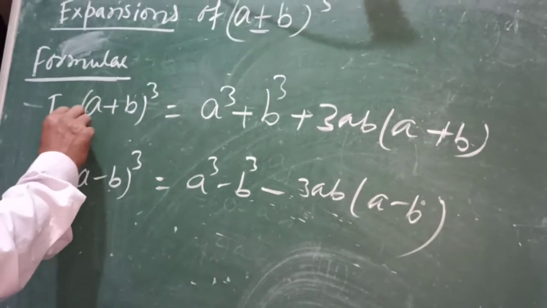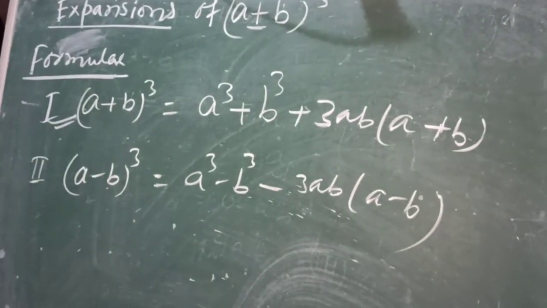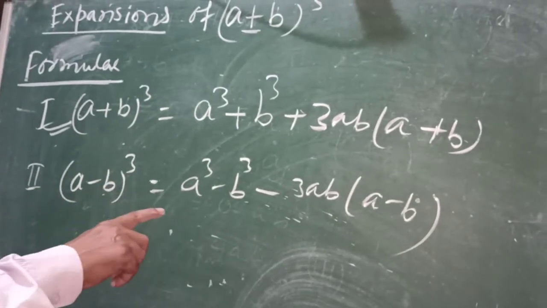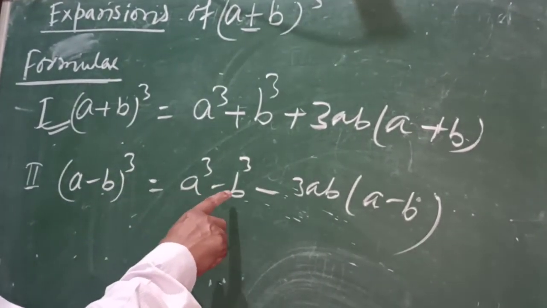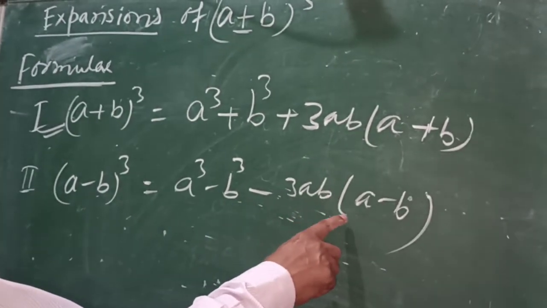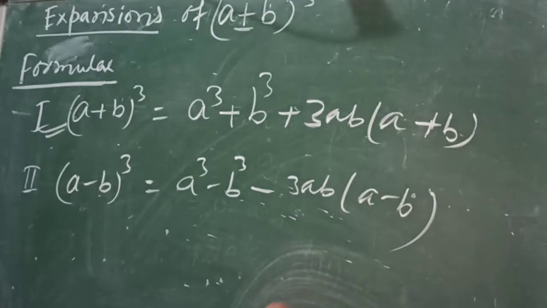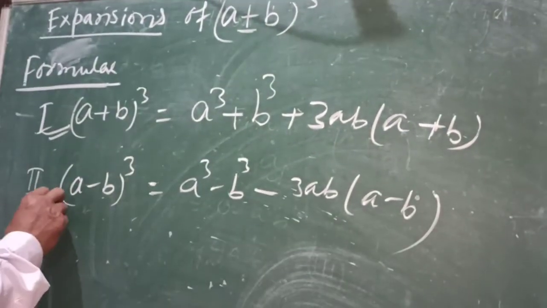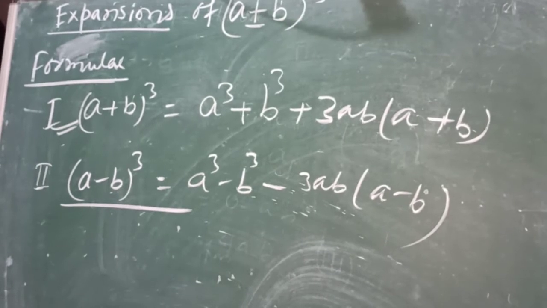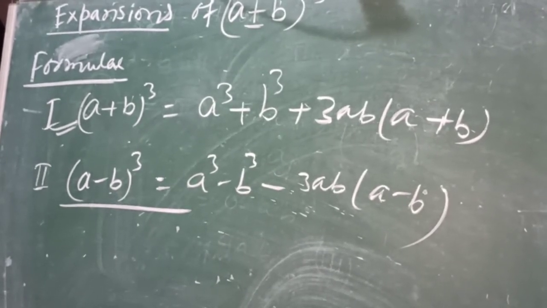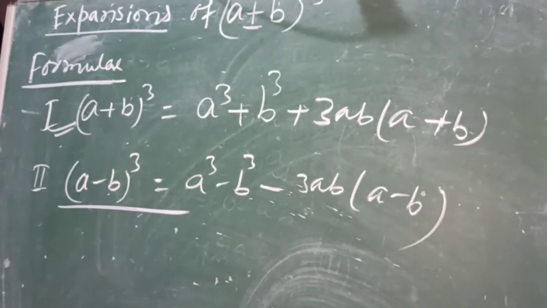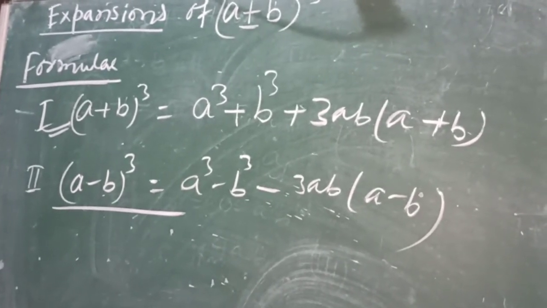Now a minus b whole cube is equal to a cube minus b cube minus 3ab bracket a minus b bracket close. It is given in the book. Learn the formula, study the formula and solve the next exercise given in your book.